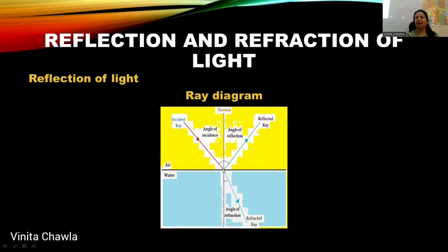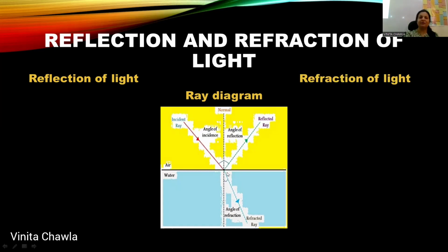The angle between the normal and the refracted ray is called the angle of refraction. And you can see that these two angles are not equal. The light ray is bent and this angle appears smaller in measurement. If we measure the angle, we will find this angle smaller. Light is bent when it passes through some other medium. This is refraction of light.